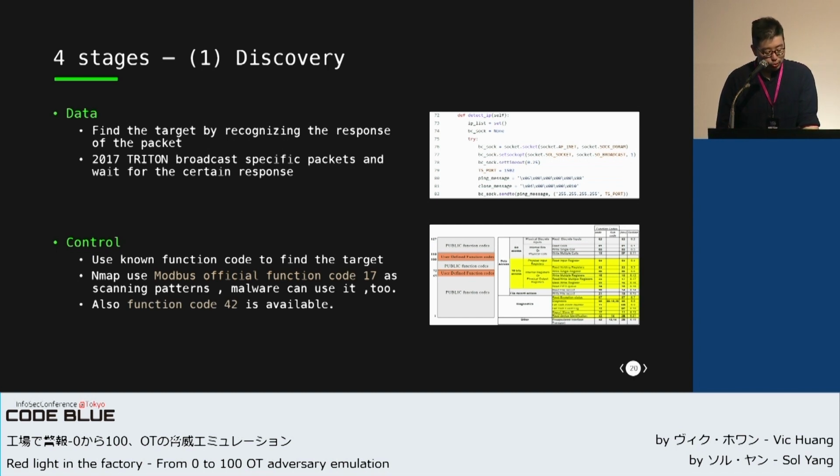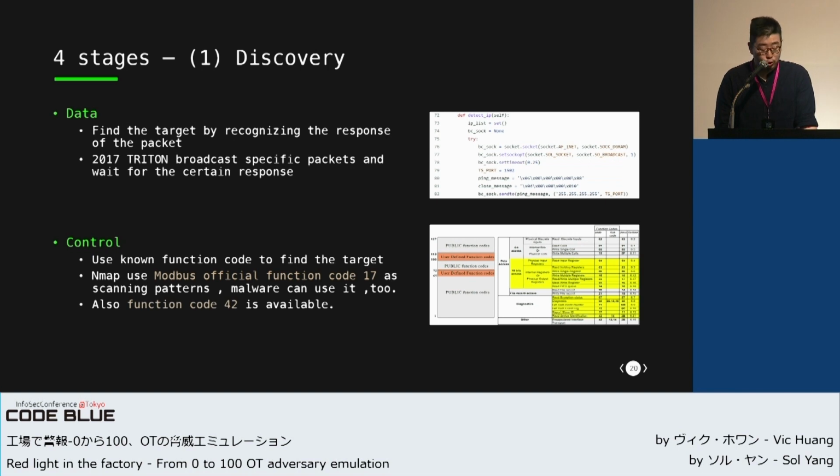So you can use different methods to achieve it. And the first, for data targeting, you can find your target by recognizing the response of the packet. For example, Triton broadcasts a specific packet and waits for the specific response to find the device that it wants to attack.